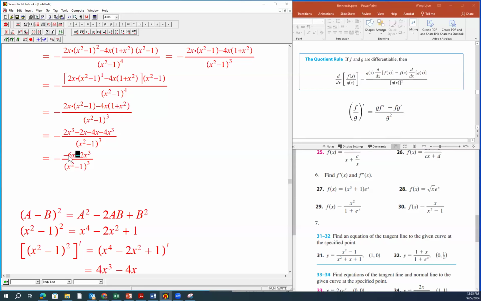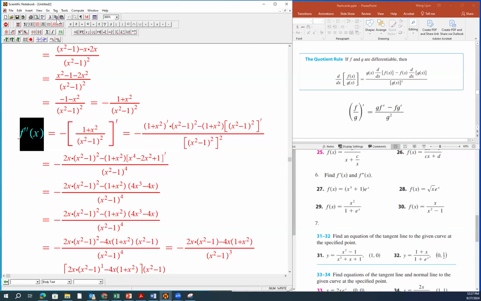Factor out 2x. And now it comes to the point: how do we show work? How much work do we need to show? I would definitely show this piece.